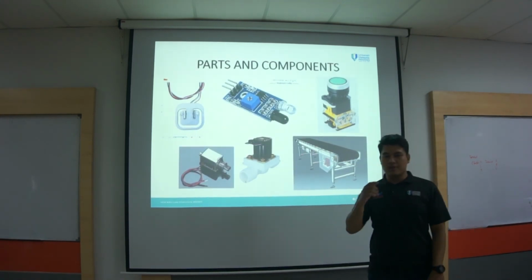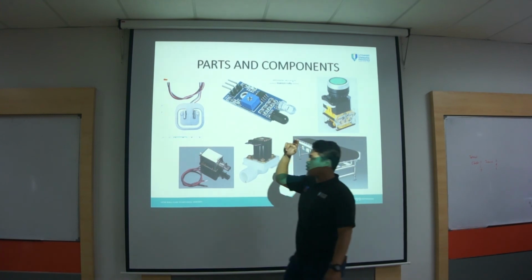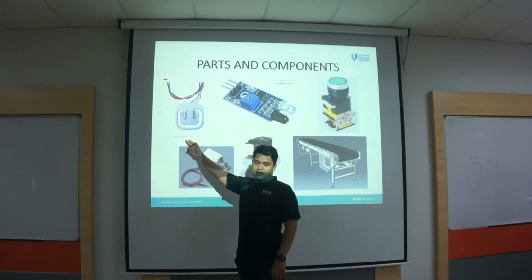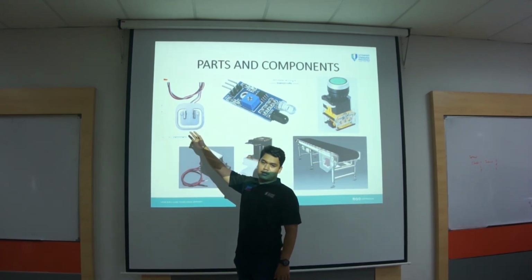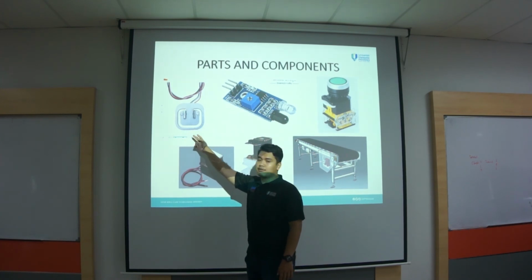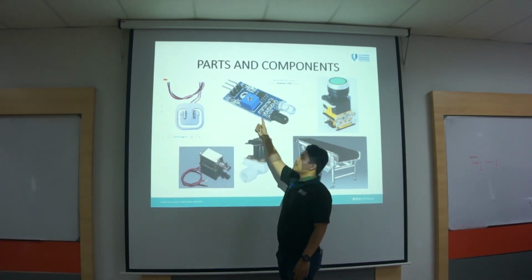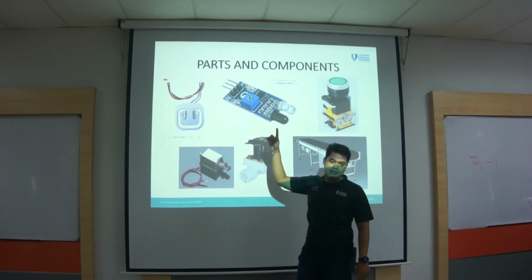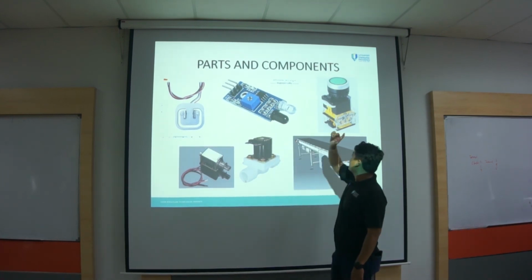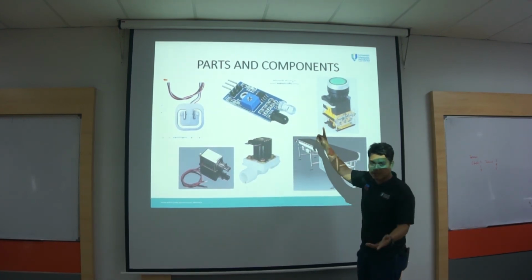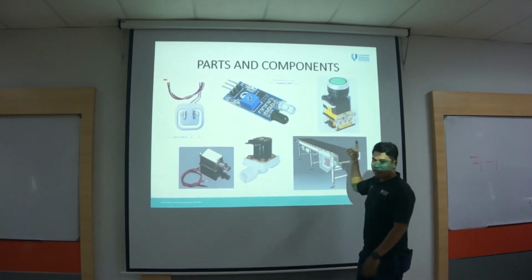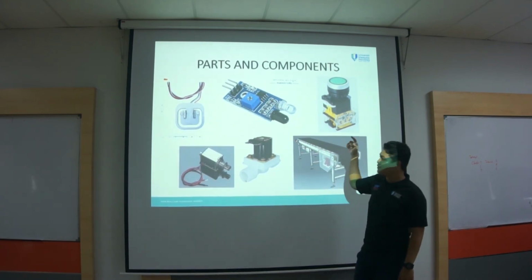Okay, for the parts and components, this is the load cell, which detects the load of the tapai filling to 50 gram, and this is the IR sensor. The IR sensor detects the object, and this is the push button. You press it to start, and then you press it again to turn off.